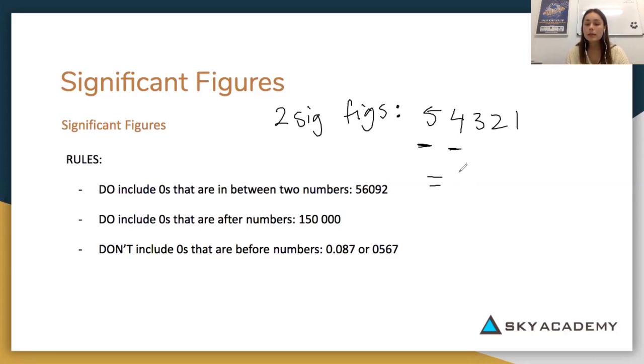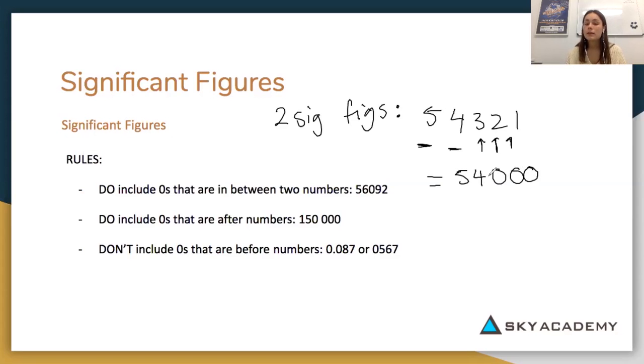And then we replace the rest of the numbers with zeros. So we'll add 3 zeros. So that is writing 54,321 to two significant figures as 54,000. So it's just an easy way to condense numbers or to write them to a specific value.